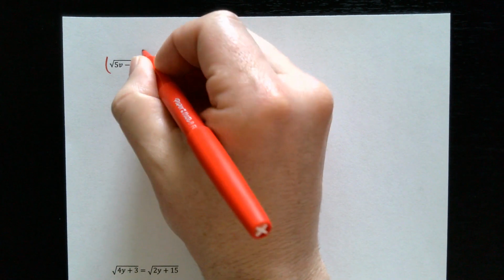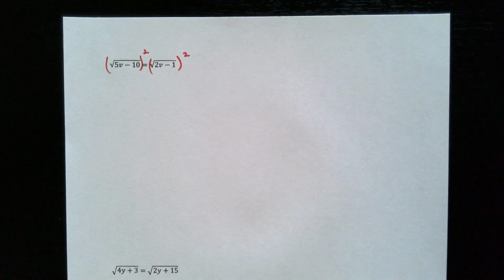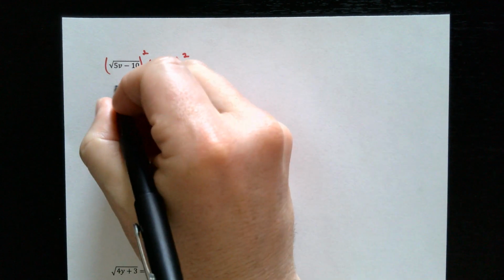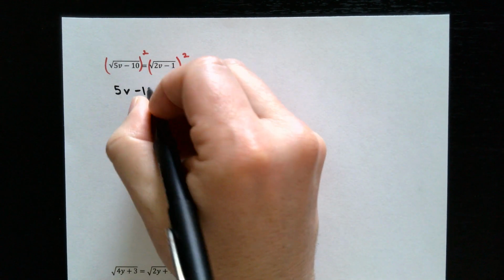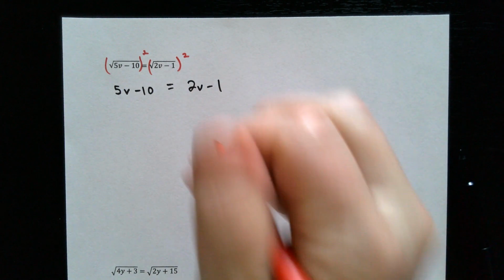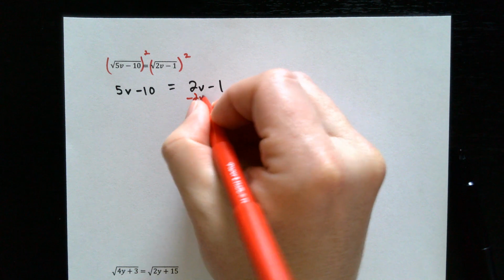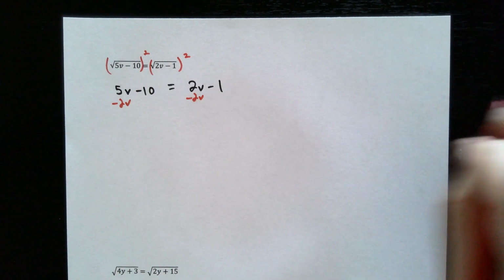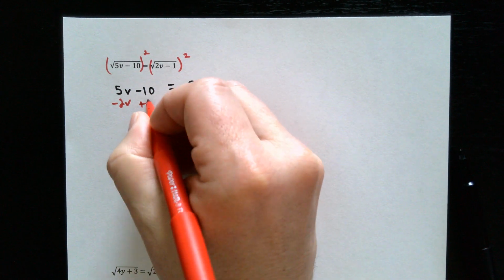Okay, 2 more problems. On this one, it's already set up for us. So let's go ahead and just square both sides. Okay, so that will give us 5v minus 10 equals 2v minus 1. Let's move the v's to the left, so I'll subtract the 2v, and which means I need to move the numbers to the right, so I'll add a 10.